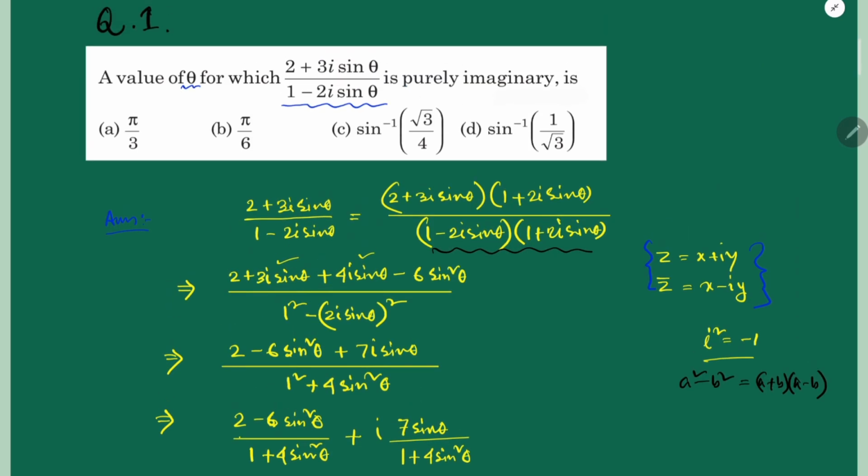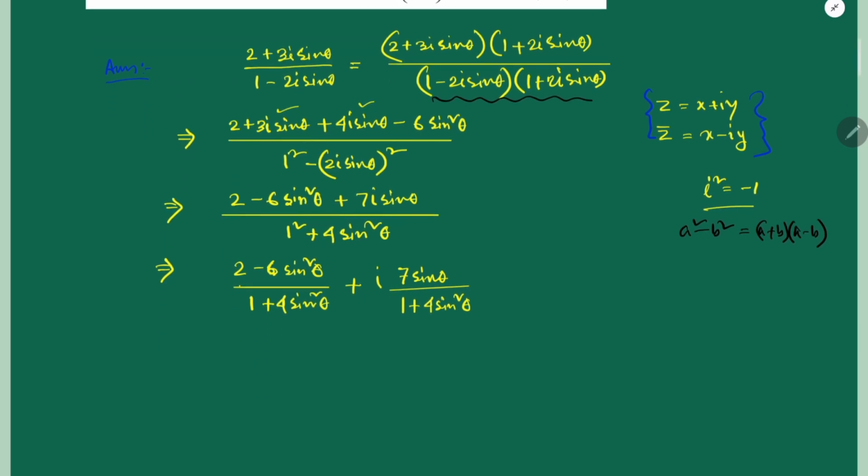In the given question, this expression is purely imaginary, so from here we can get that the real part must be 0, because purely imaginary means z equals 0 + iy, so the real part of z will be 0.